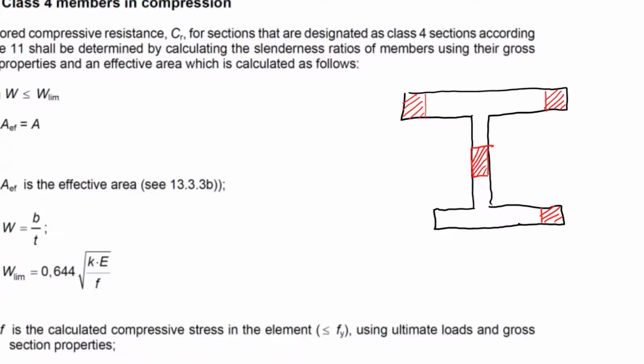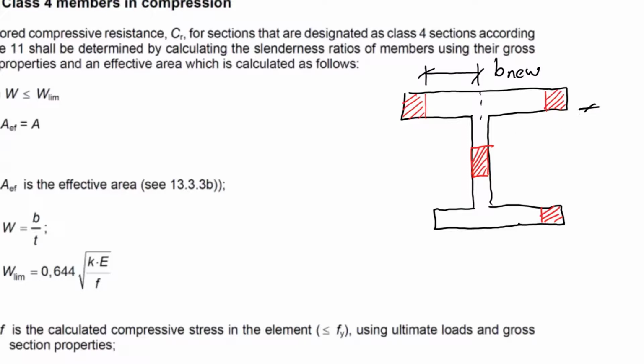Now we need to reduce the area to an effective area. And when we find this updated area, what we are finding is a new width. And so it used to be the full flange width would give me my compressive resistance. But now I'm going to call it B new.